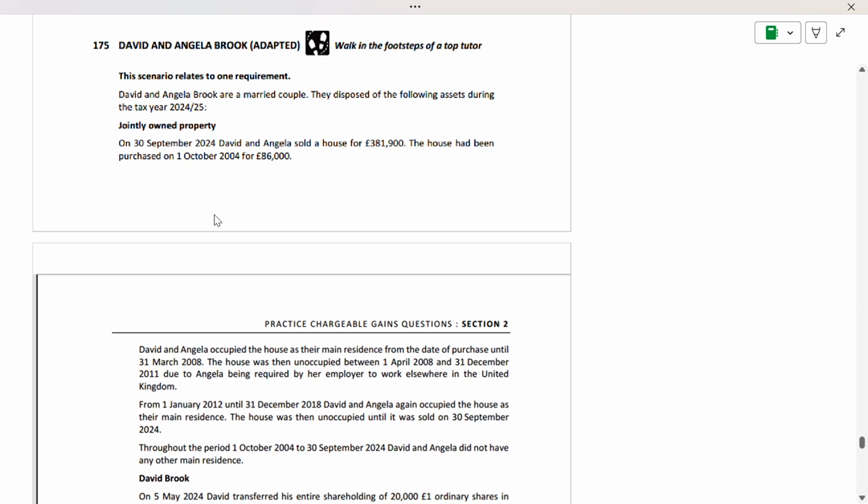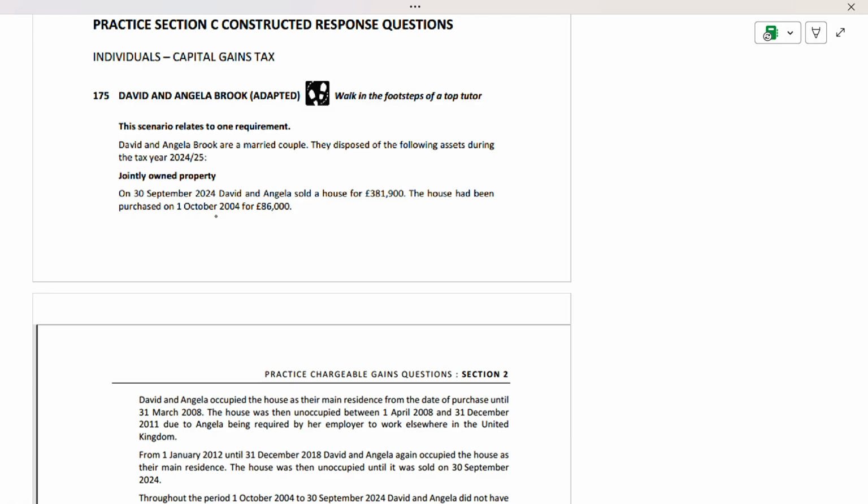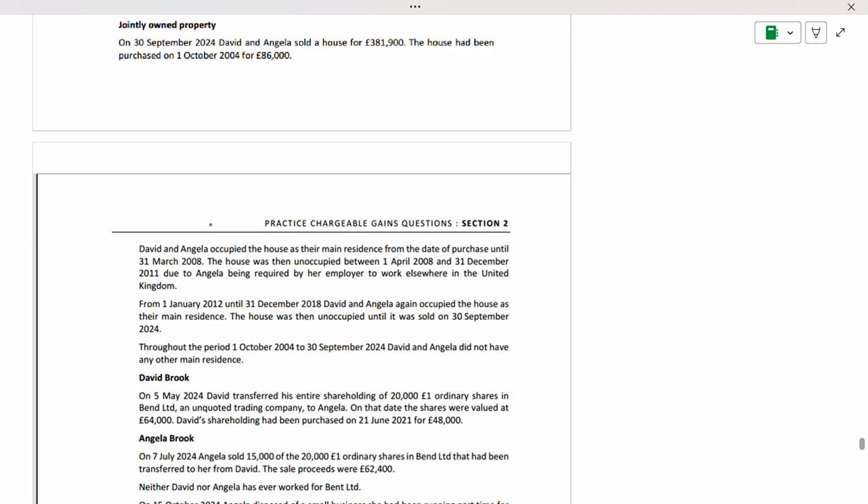They have jointly owned a house sold for 381,900. David and Angela occupied the house as their main residence from the date of purchase until March. The house was then unoccupied from 1 April to 31st December due to Angela being required by her employer to work elsewhere in the United Kingdom.